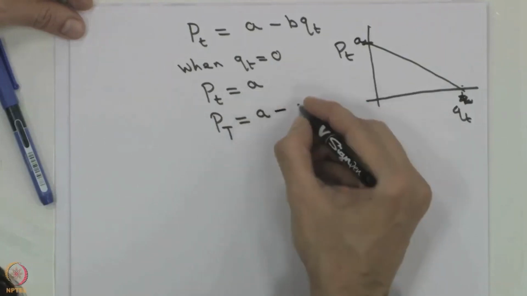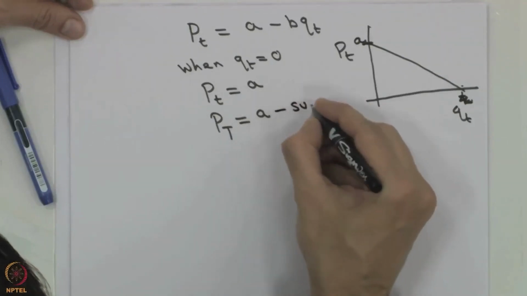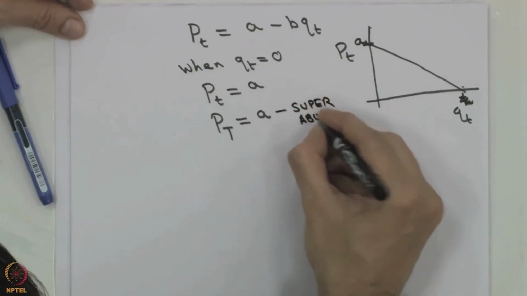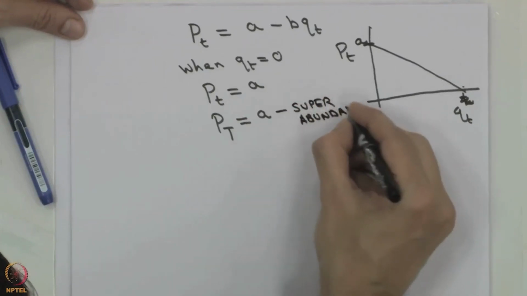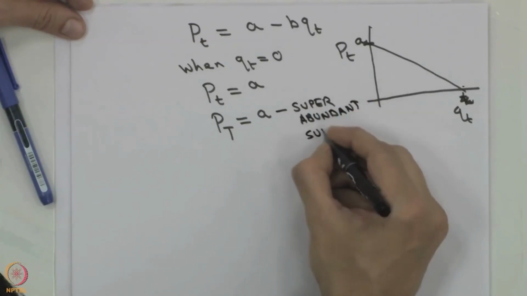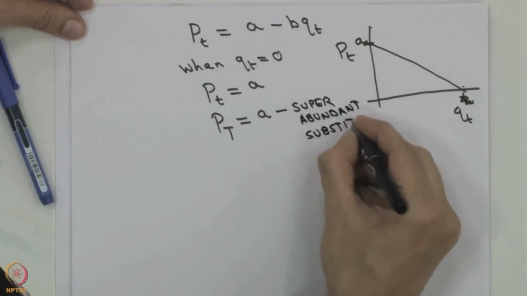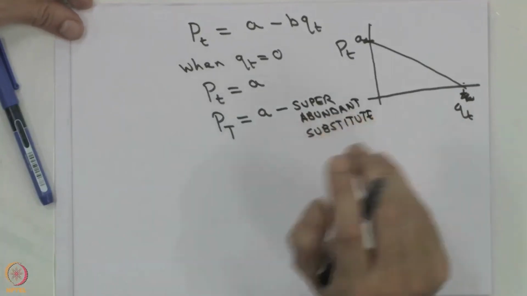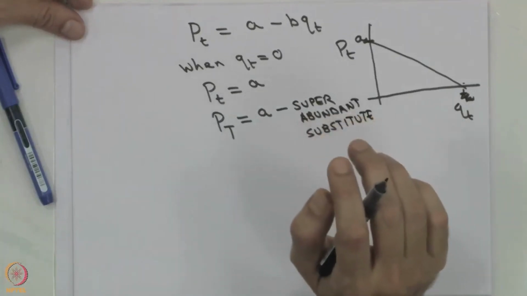It is like there is a superabundant substitute, so that no one continues to use this, let us say coal. We have something which is much preferred, and there are no additional resources.